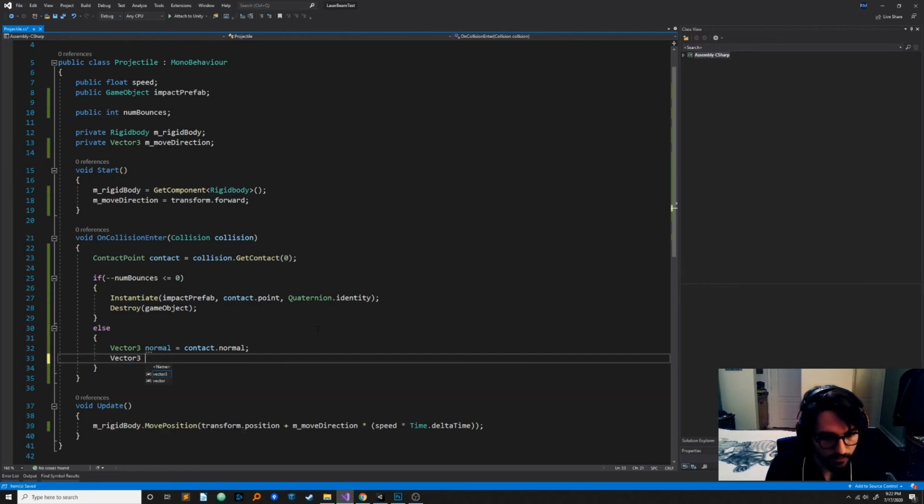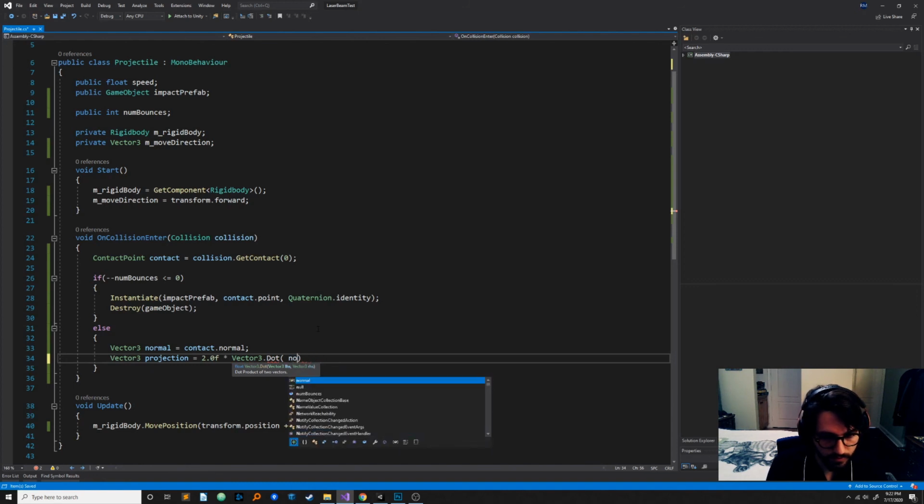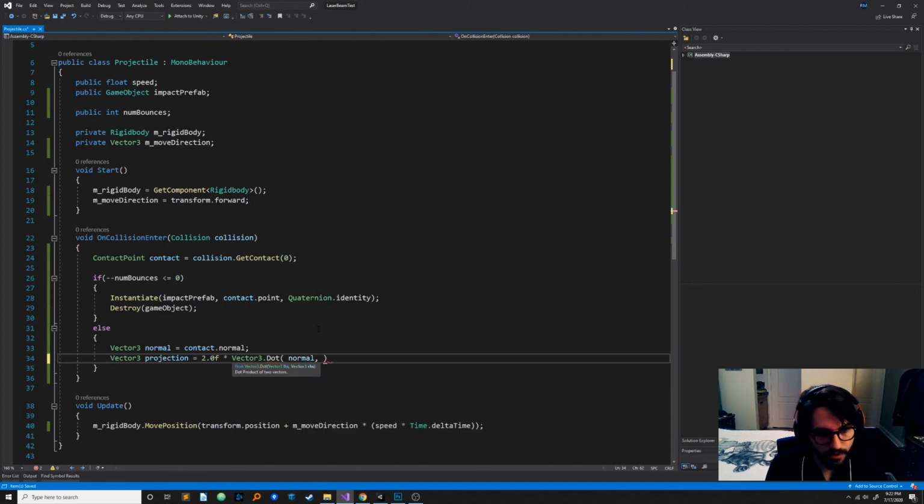So Vector3 projection vector is just going to be 2 times the dot product between the normal, n, and our direction vector. Our move direction is the direction we're traveling in. Then we multiply that all by the normal to get a vector back.